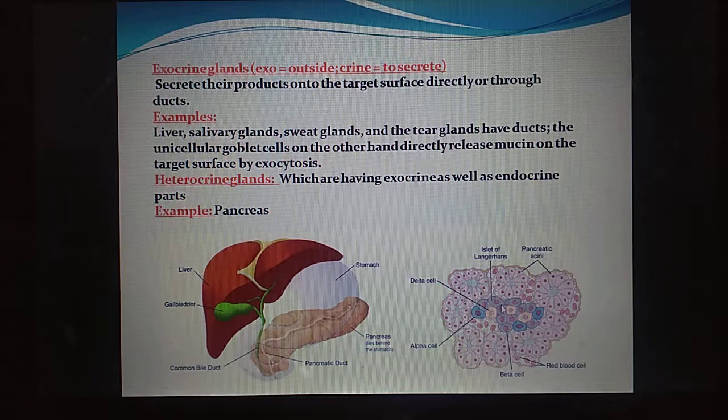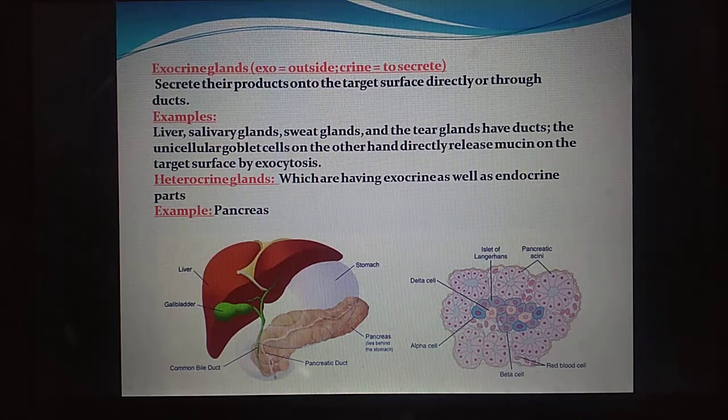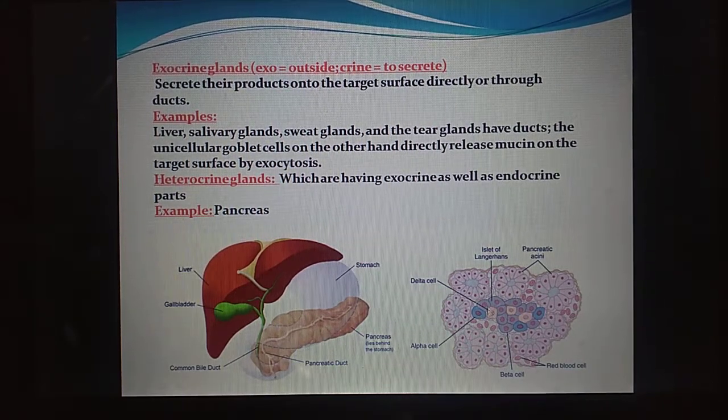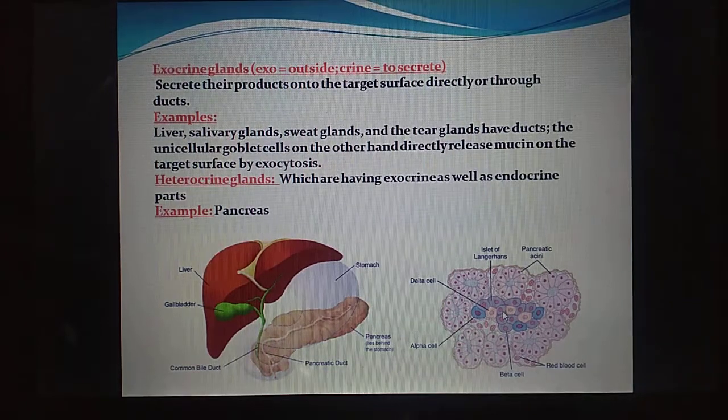While when we move towards the inner part, you see over here these cells. You can see the islet of Langerhans. This whole structure is called the islet of Langerhans. It has alpha cells, beta cells, and beside this, delta cells as well. All these cells are endocrine in nature. Why? Because they are concerned with the secretion of hormones.